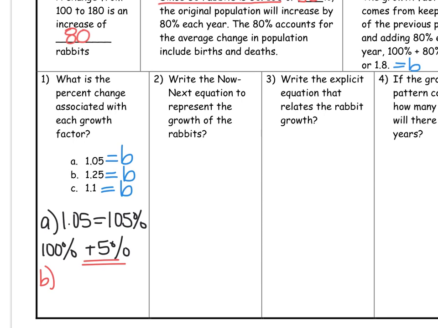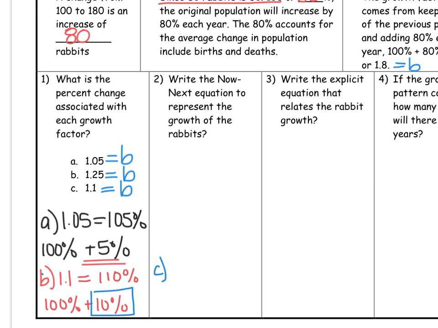Same thing for letter B. In letter B, we have 1.1 as our growth factor, and that means 110%. So it's 100% plus 10%. So our growth rate is 10%. And finally on letter C, I did that backwards.